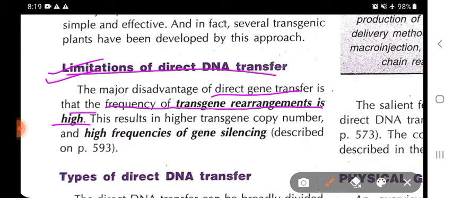If too much of our desired DNA is introduced into the host plant cell or host animal cell genome, then what will happen? Too much of expression will be avoided by that host cell's genome, and thus there will be silencing of those genes.